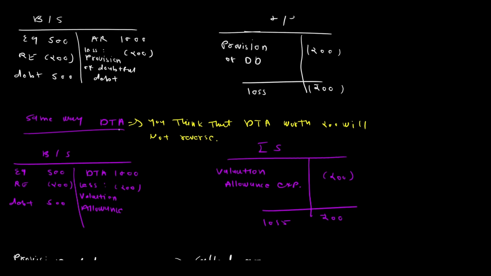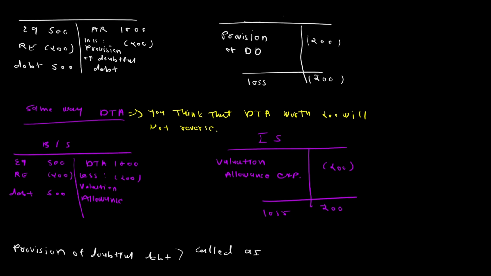In a similar way, if instead of AR you have a DTA, and you think that the DTA worth 200 will not reverse, then we will show this reversal as valuation allowance expense. Fancy name, valuation allowance expense minus 200.